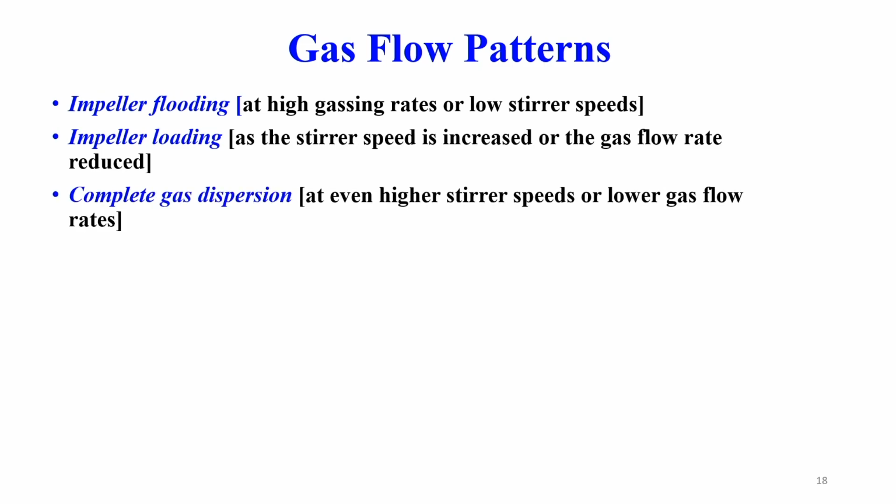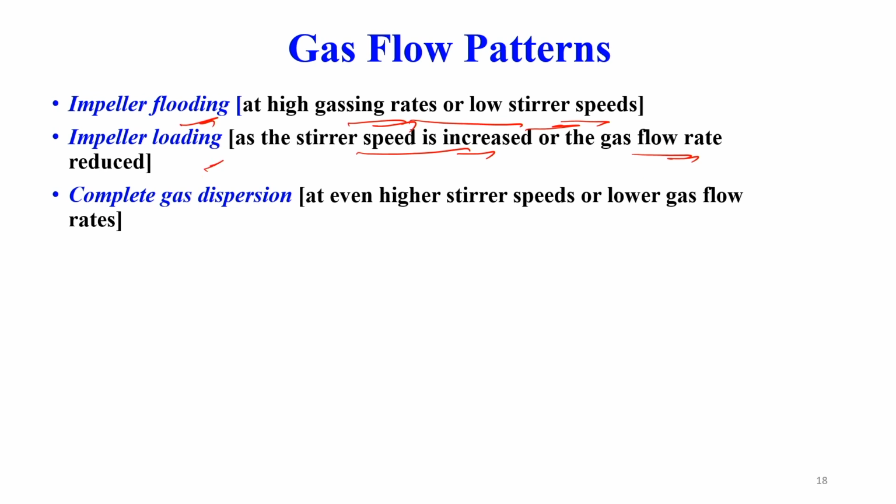In addition, depending on the gas flow rate and stirrer speed, there should be a good balance between these two. If there is a high gassing rate and low stirrer speed, the stirrer is unable to disperse and retain the gas bubbles, so it leads to impeller flooding, meaning all the gas will go out of the bioreactor quickly. Second, if stirrer speed is increased and gas flow rate is reduced, this is called impeller loading.